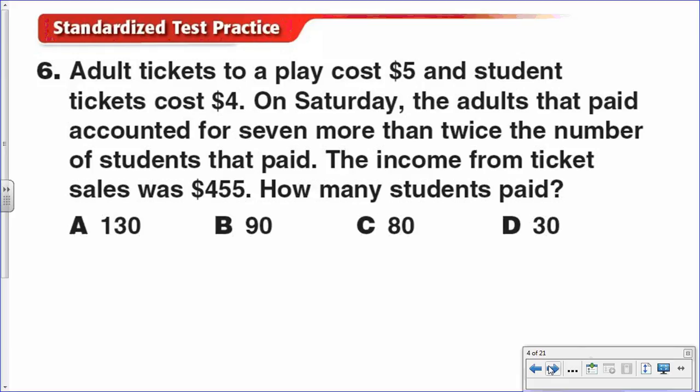Okay, adult tickets to play cost $5 and student tickets cost $4. On Saturday, the adults that paid accounted for 7 more than twice the number of students that paid. The income from ticket sales was $450. How many students paid? All right, first equation, how do I set that up? Adult tickets, how much?